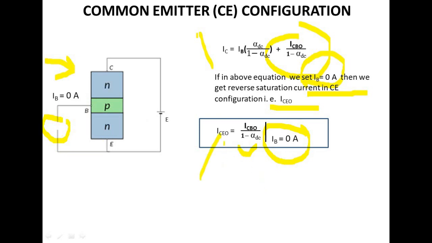So ICEO: CE means the current flowing through collector and emitter, with O meaning the base terminal is open, because when it is open, IB will be equal to 0. So we have got a very important relationship for the reverse saturation current in common emitter configuration, that is ICEO is equal to ICBO upon 1 minus alpha DC.